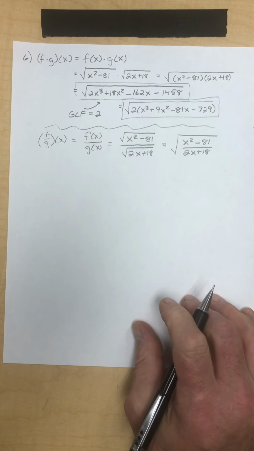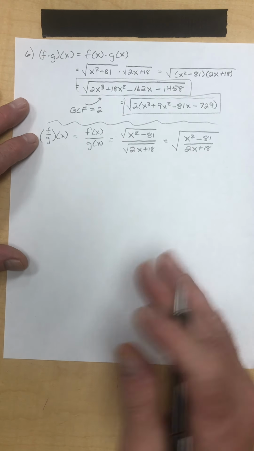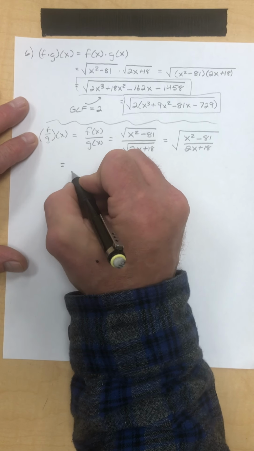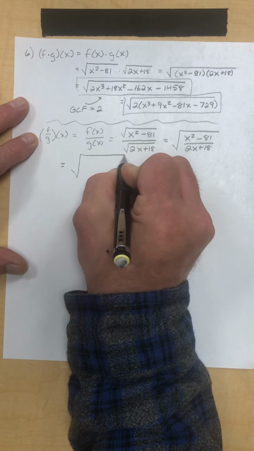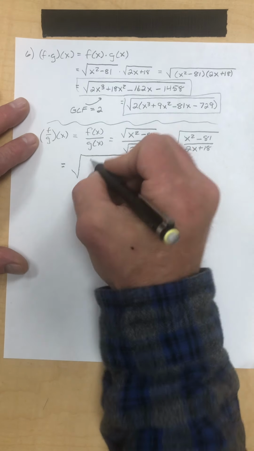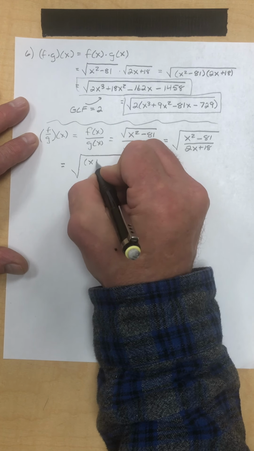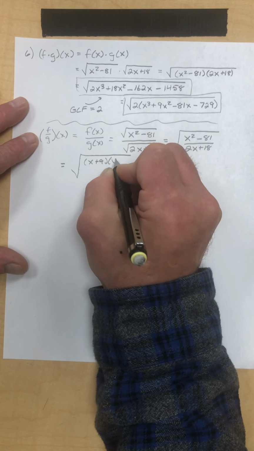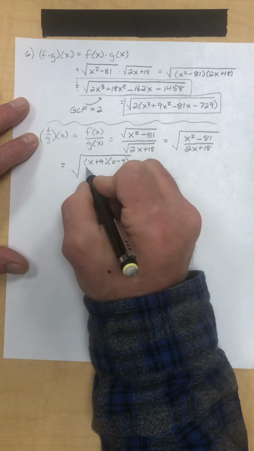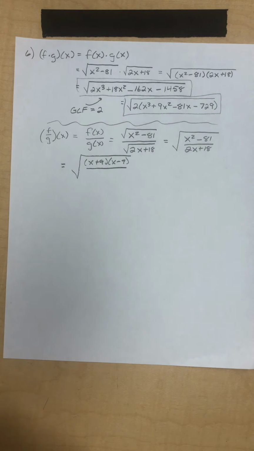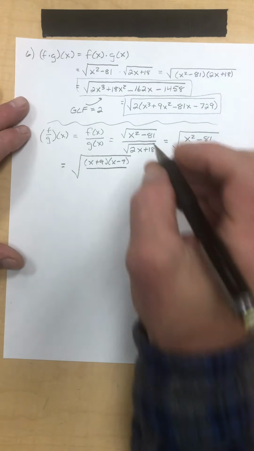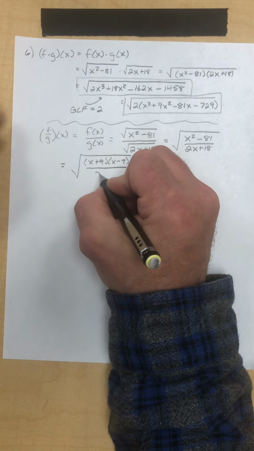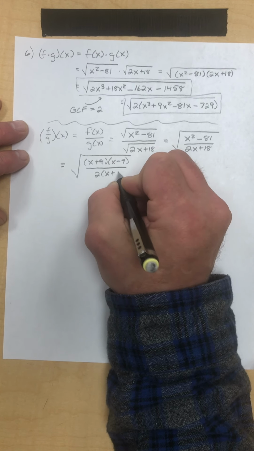And then if I'm going to simplify that, I've got to factor everything. Okay, square root of, let's see, x squared minus 81, that factors into x plus 9 times x minus 9. Down in the denominator, I factor out the GCF, which is 2, and I'm left with x plus 9.